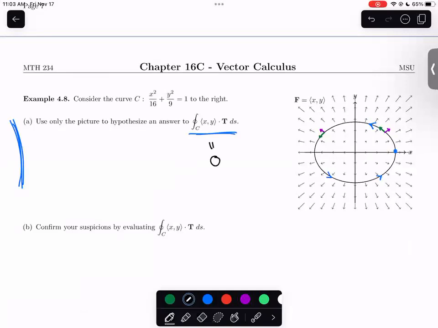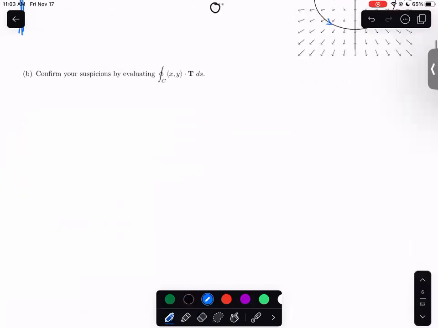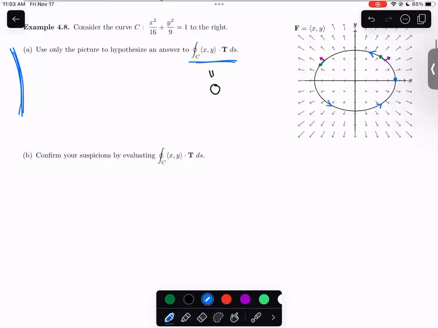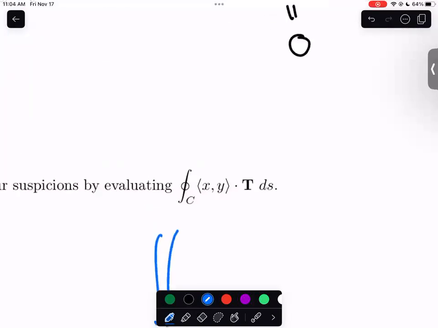All right, well, now we would like to confirm our suspicions by evaluating, right? And again, this one does not say use Green's theorem. It does have this little circle, so that's a good indicator. But remember, it's a pain also to parameterize these sorts of ellipses. And so let's go ahead and evaluate this using Green's theorem. So my P and my Q, let's go ahead and identify those.